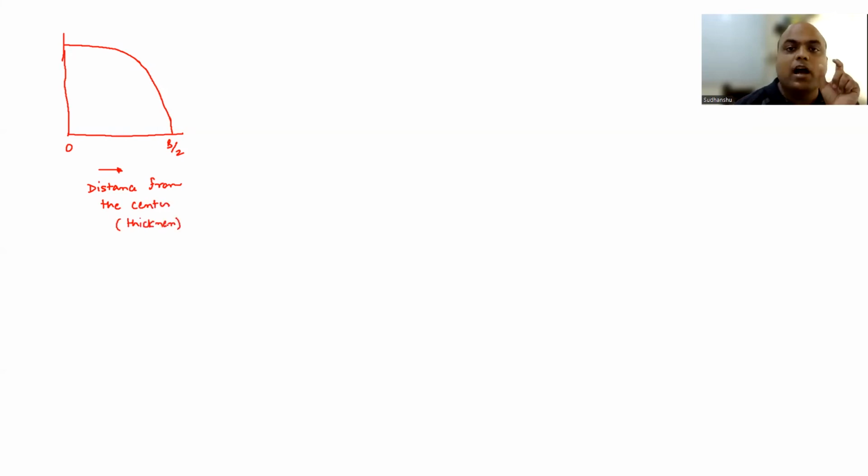So b by 2 is half of the thickness of the specimen, right? So this is high triaxiality. So this was in plane strain. And here at the surface, you have plane stress. So we have discussed this while we were discussing about plastic zone size. Just go through the lecture.